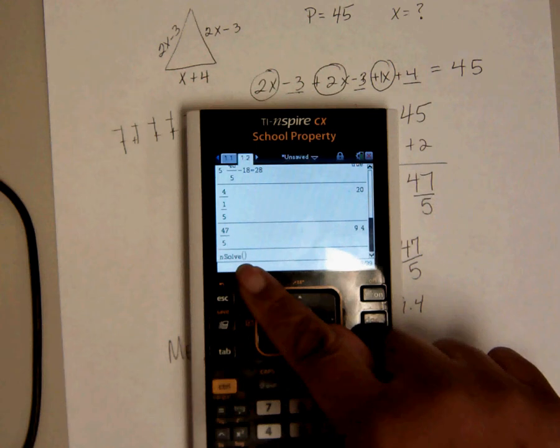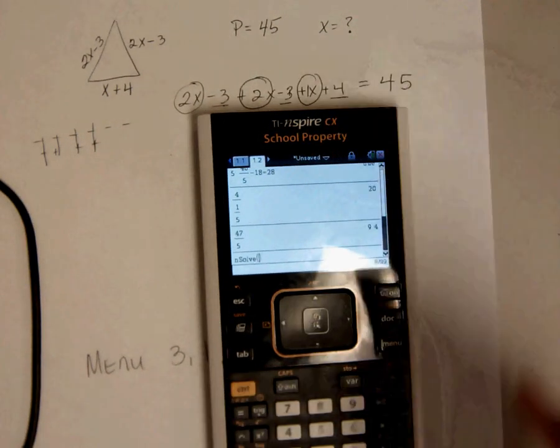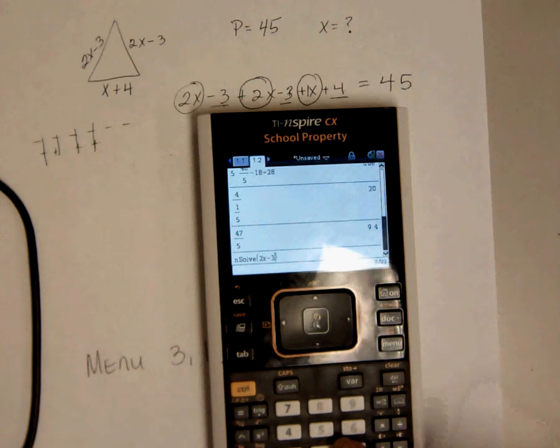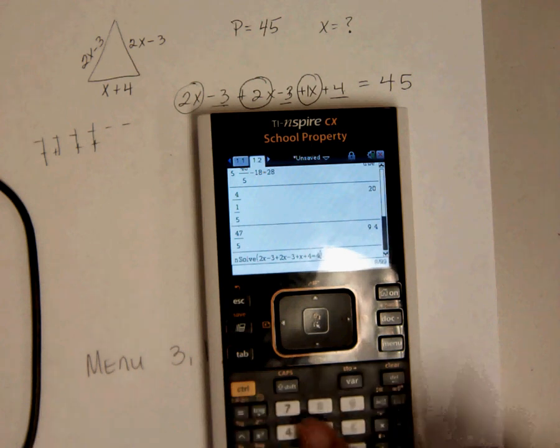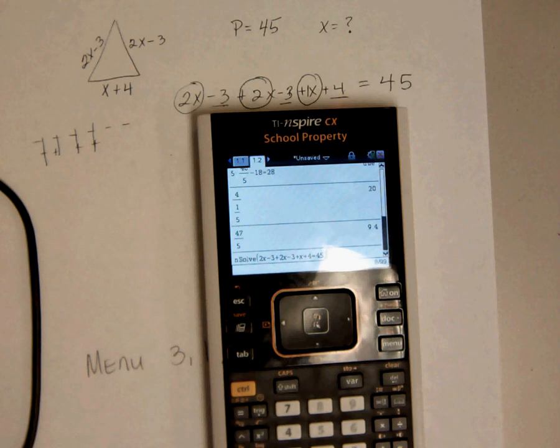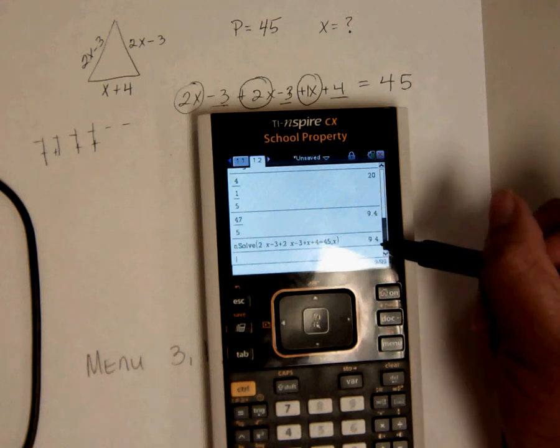When you get in solve, all you have to do is type in everything you wrote here: 2x minus 3 plus 2x minus 3 plus x plus 4. Put the equal sign, put the 45. Now here's the tricky part. You have to put comma and the letter you used. And then you press enter, and look, 9.4. So the calculator will solve it for you as well.